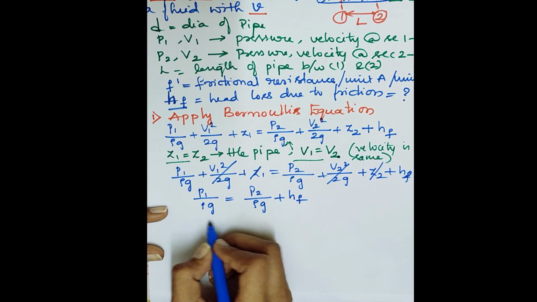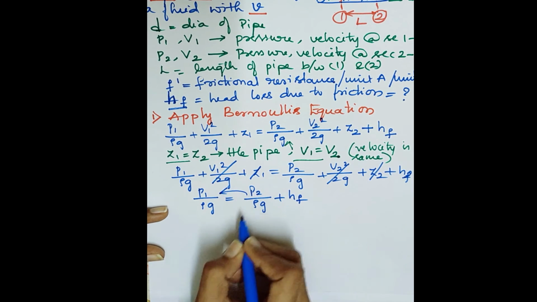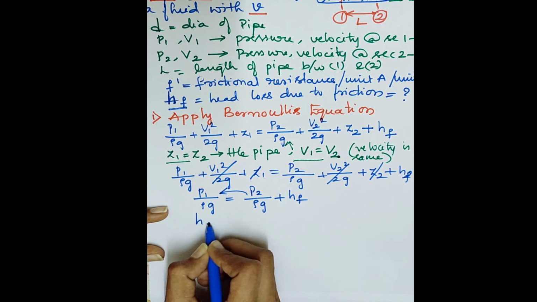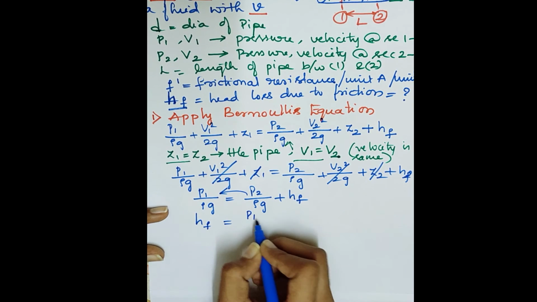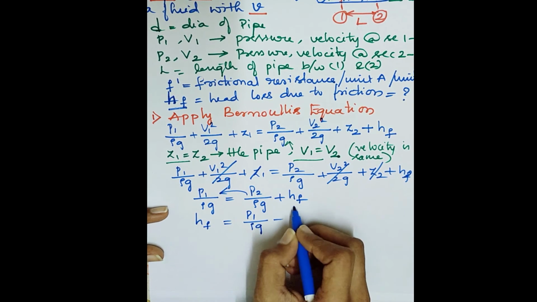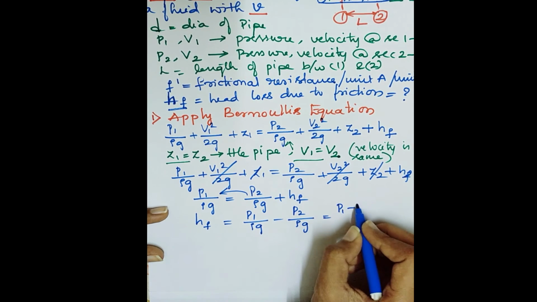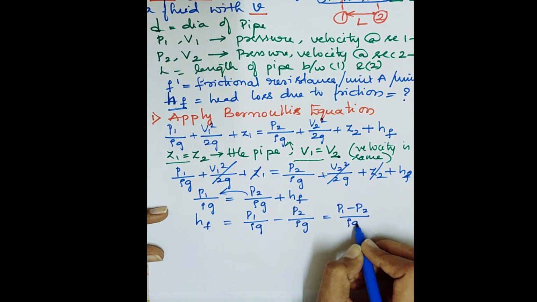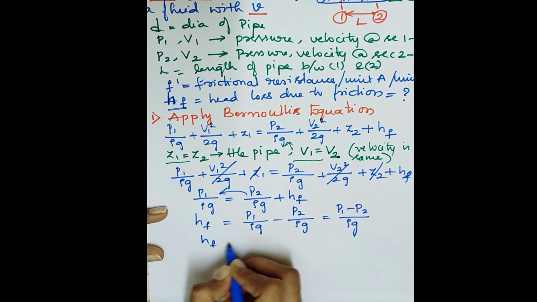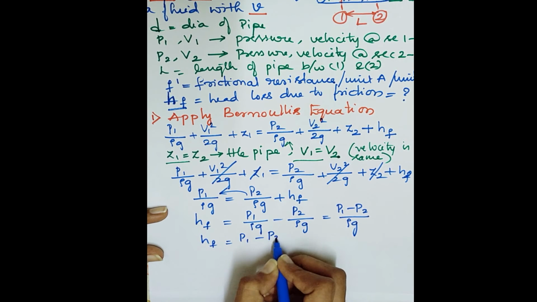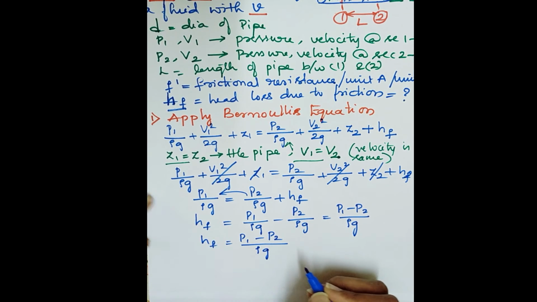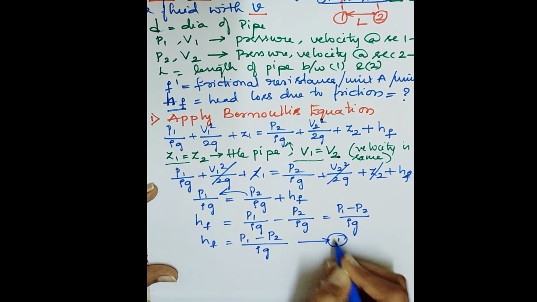We'll send P2 by rho g to the left-hand side. So HF is P1 by rho g minus P2 by rho g, which is nothing but P1 minus P2 divided by rho g. HF is equal to P1 minus P2 by rho g. We'll name this equation number 1.